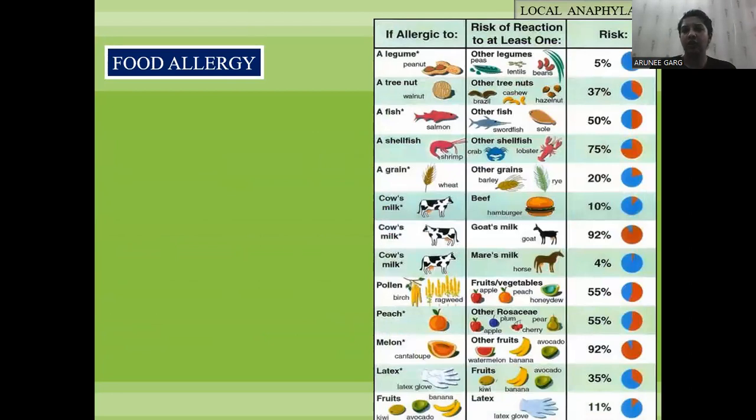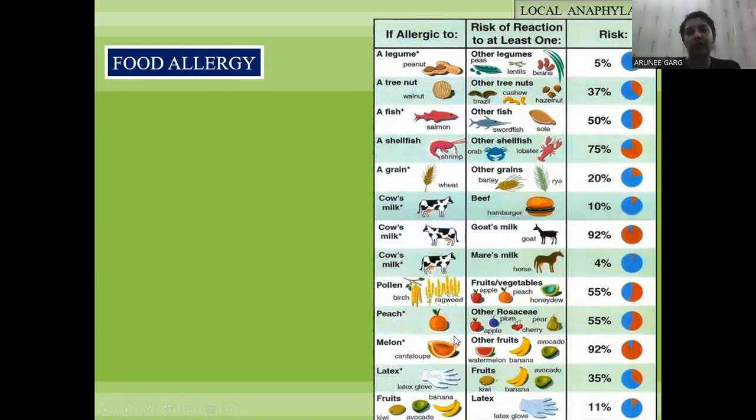This is a list of the items people can be allergic to, and the chances that if they are allergic to one kind of nuts, they are allergic to the other kind of nuts as well. If the person is allergic to one kind of fish, the chance of allergy to other kinds is 50%. In the same way, if the person is allergic to cow's milk, the chance of them being allergic to goat's milk is 92%.